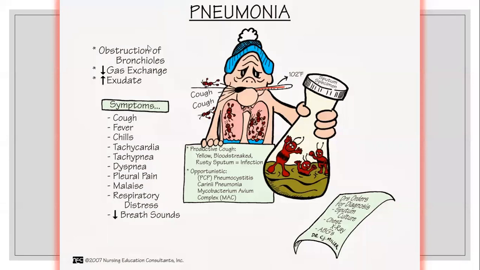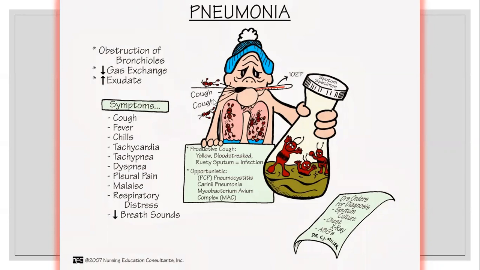In this slide, there is a very funny way to remember the signs and symptoms of pneumonia. Let me read it one more time. Obstruction of bronchioles decreases gas exchange capability, increases exudate, meaning secretions accumulate in the lung alveoli, and gas exchange capacity is reduced, so less oxygen in the body and more carbon dioxide accumulates, which causes the symptoms.